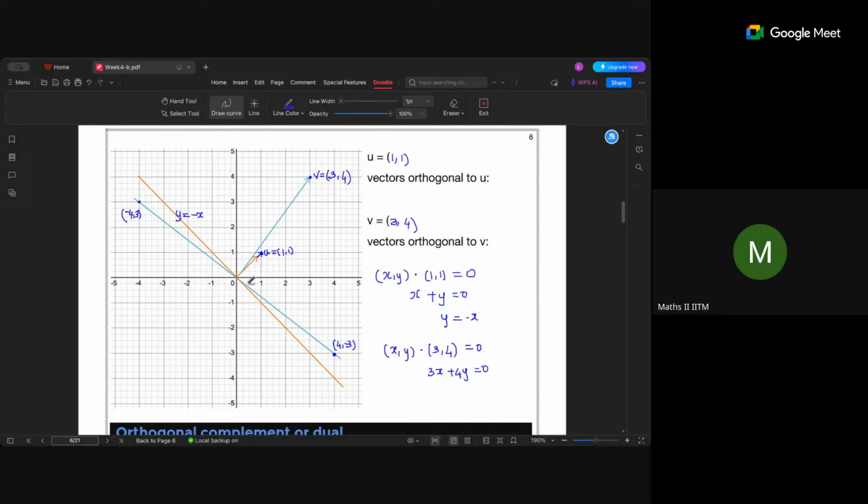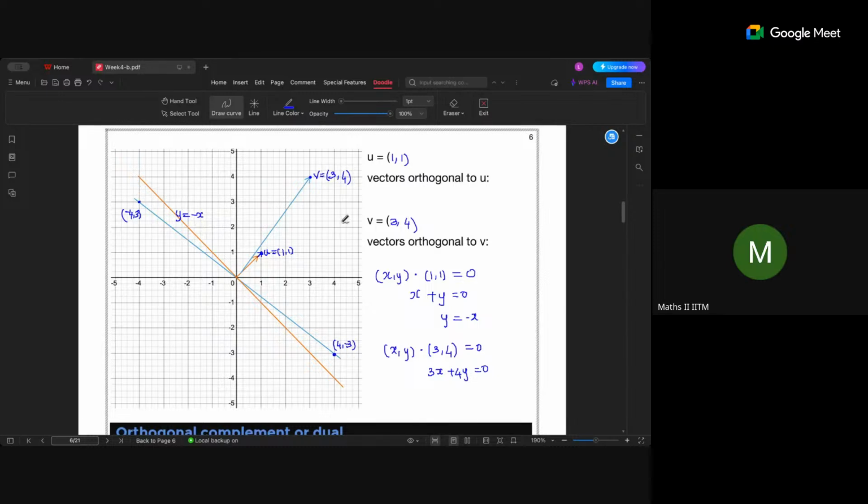So given a vector, in general, what is the set which can represent the vectors orthogonal to that specific vector? Let us say you have some vector v in R2. When you had u, you had this straight line. When you had v, you had this straight line.